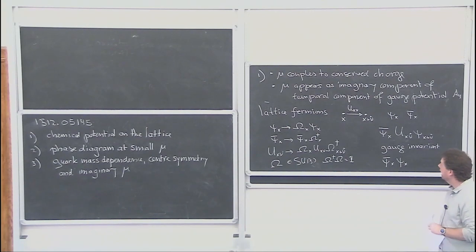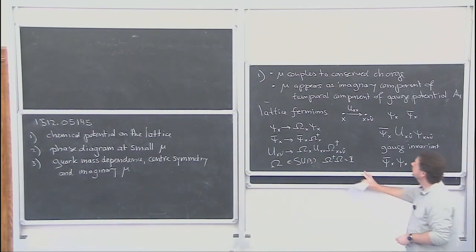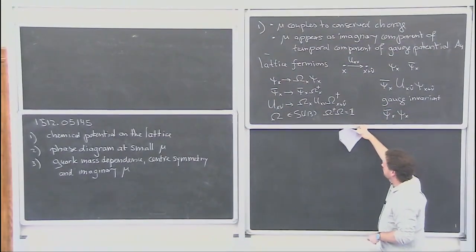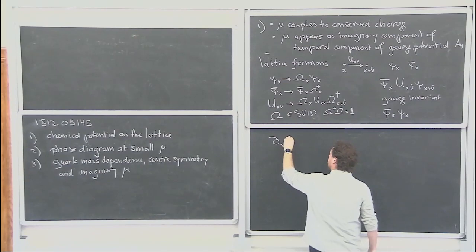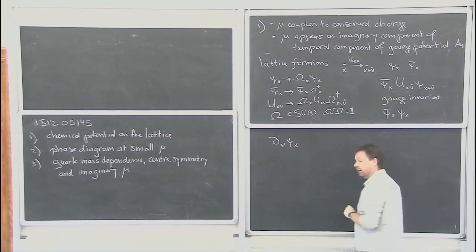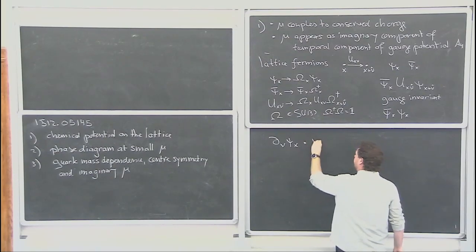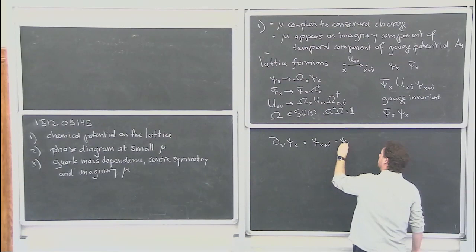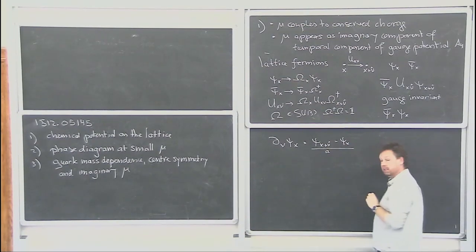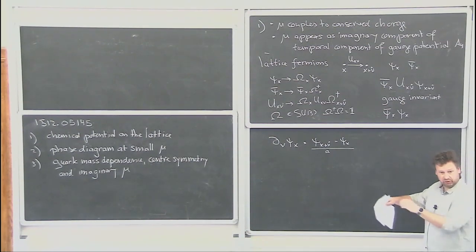Now, if I want to implement a derivative, something like d nu of psi, then in a discrete system, I have to write it as the difference between two nearest neighbors, say in this way, where a is the lattice spacing, and so this is simply a nearest neighbor difference, a discretized derivative.